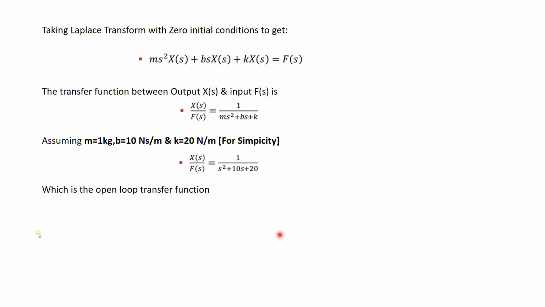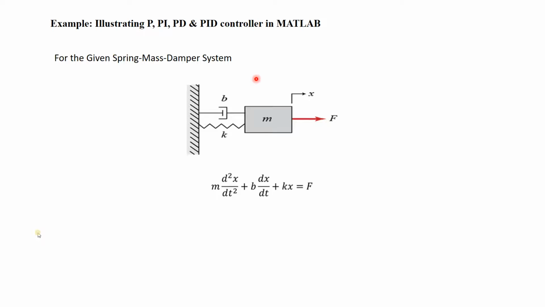Now for the frequency response, converting into Laplace transform, taking the initial condition 0, the double derivative will become m s square X(s) plus b, the derivative will become s, so b s X(s) plus k X(s) equals F(s). F is the input, X is the output. Why? Because we are pulling it, we are giving some force, then only you are getting the displacement.